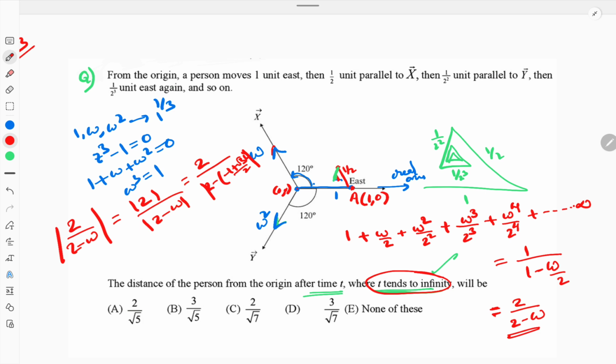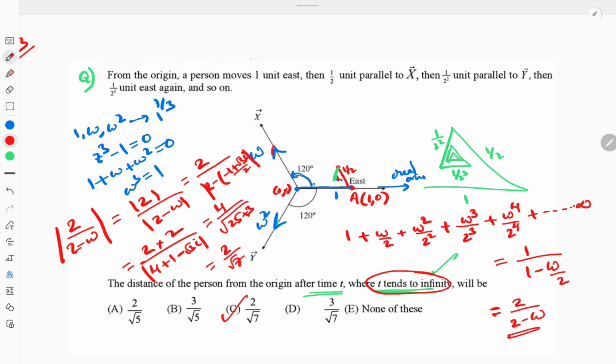If you simplify that, it is 2 by the root of 4 plus 1 minus root 3 i into 2. So it comes to 4 by root of 25 plus 3, that is root 28. So that comes to be 2 by root 7. 2 by root 7 is the value.